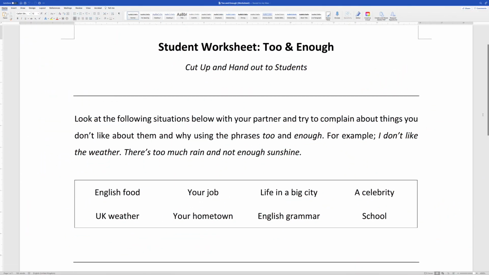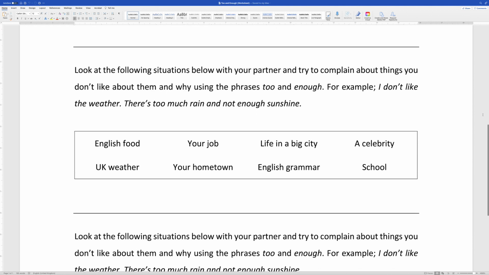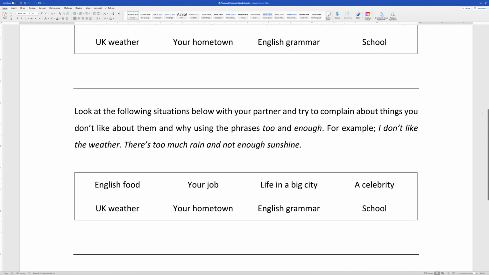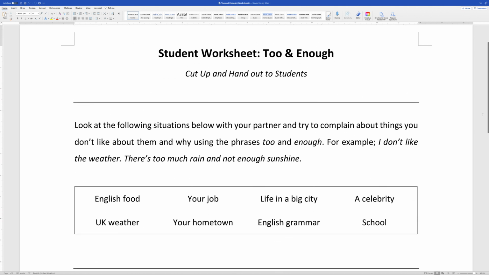Hand out a sort of situation per pair or small group of students and get students to think about how they would use too and enough in these certain situations as a complaint. So for example, get students to think about English food, and you could say, oh, it's too salty, there's not enough variation.